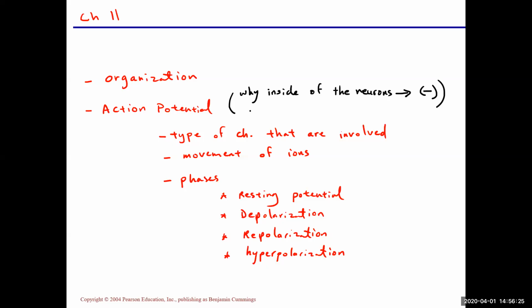Another concept is why action potential is unidirectional. In other words, why is it that it's going in one way and not the opposite way? So those are also the key questions that we wanted to get the idea and understanding of. All right. So this is pretty much the outline of what we're going to be discussing right now.